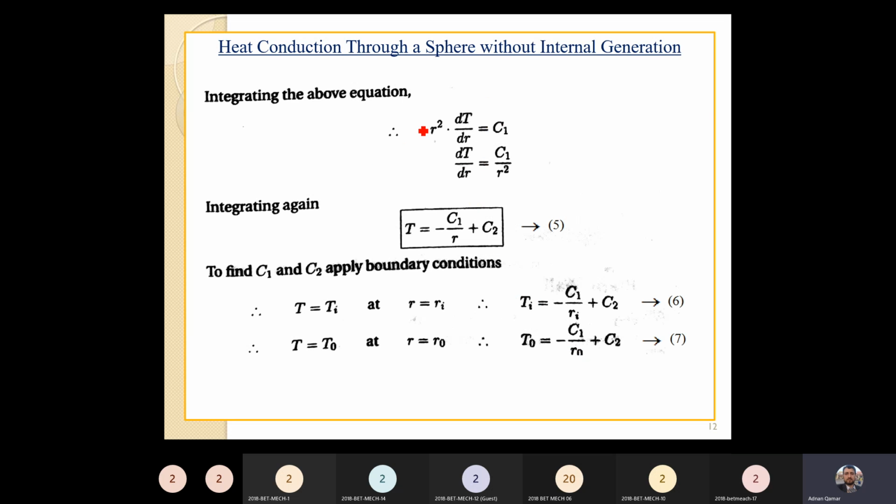So integrating the equation, the first integration gives r square dT over dr is equal to c1, and then separating the derivatives and taking the second integration, you get T is equal to minus c1 over r plus c2.